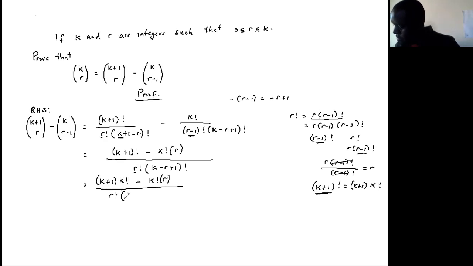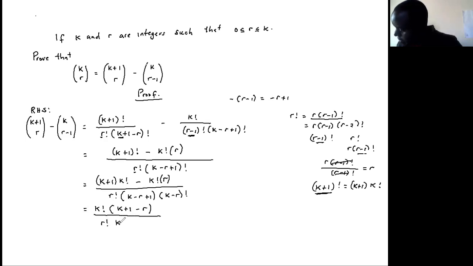the K factorial. So the down part also, let us also lower it by 1. So it's going to be K minus R plus 1, and then when I subtract 1, it becomes K minus R factorial. So K factorial is common there. And so we have K plus 1 minus R. And down here, we have R factorial.